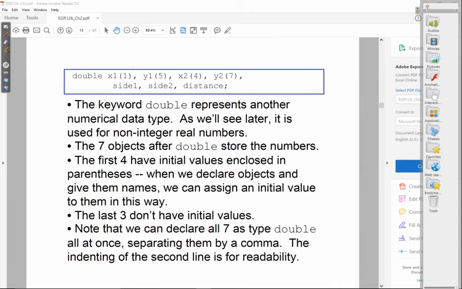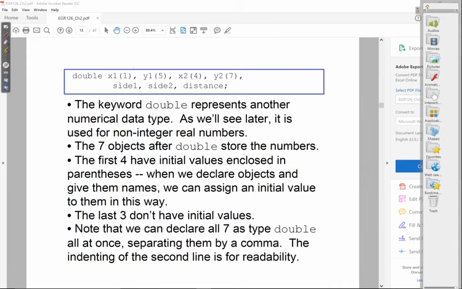All right. Now, the other thing I want to point out is notice that all your variables are separated by a comma. Okay, so that's important. You need to separate them by commas. And then at the very end, notice the semicolon. The semicolon is one of the most important punctuation rules in C++.